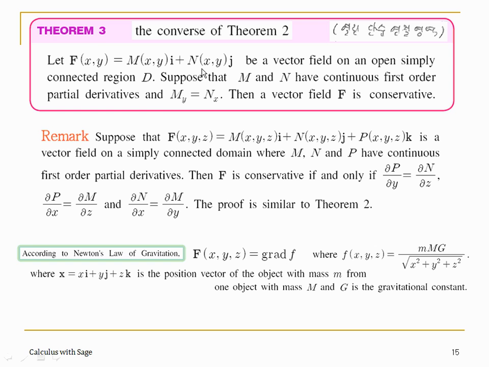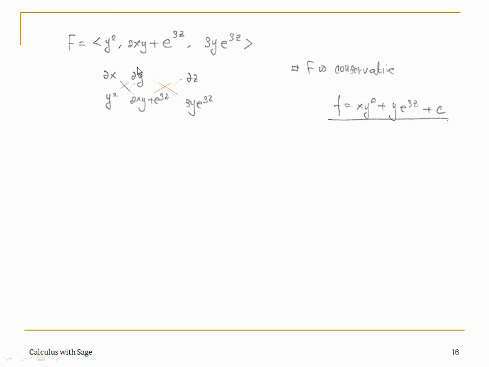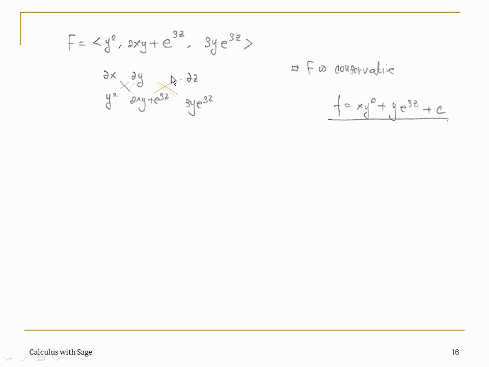And this is an example of a vector field which is conservative, and this equation comes out from the nature of Newton's law of gravitation. Okay, that is one example of a conservative vector field.